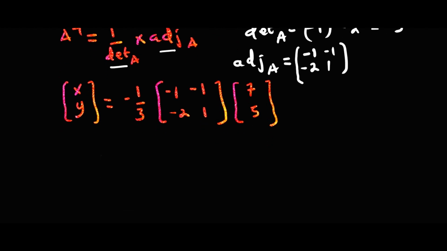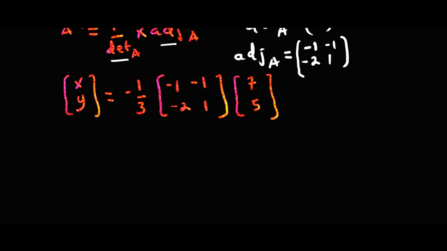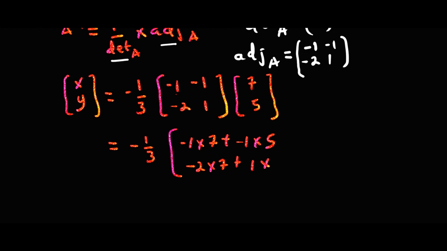We can first of all multiply the two matrices before we use the scalar, which is negative a third. So we are going to have negative a third into negative 1 times 7 plus negative 1 times 5, and then we have negative 2 times 7 plus 1 times 5.